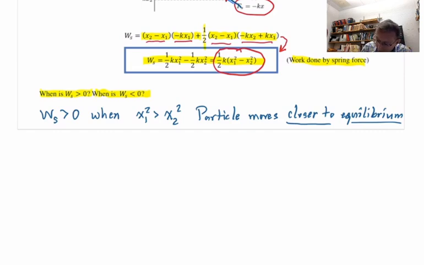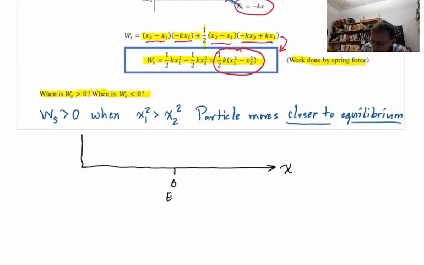For example, let me draw a little sketch. There's our wall. There's our frictionless x-axis. There's equilibrium, abbreviated like that, equil. Let's say the particle started out there, x1. That's where the block started. Let me draw over here just so that we have kind of a symmetric view, negative x1. So it starts at x1, and if the work done is going to be positive, then x2 has got to be closer to equilibrium than x1.